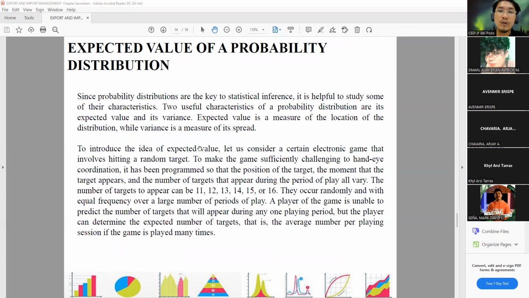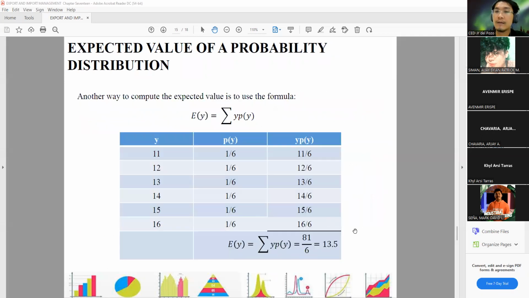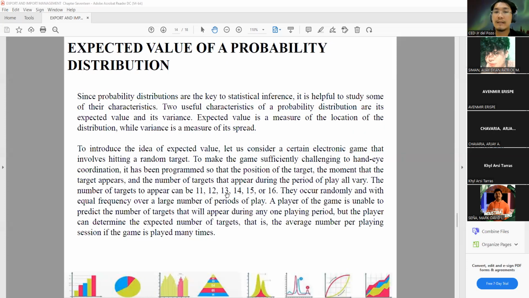So if we try to get the assumption for this one, na ang targets is 11, 12, 13, 14, most likely, all of the targets will appear to be on the 13 and the 14 side. Kasi 13.5 ang result natin. Na expected value natin na mas marami ang chances that the target will be on the 13 and the 14.